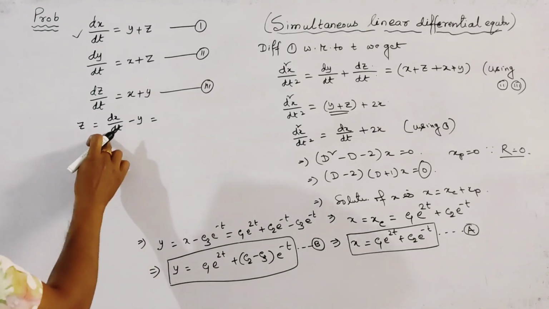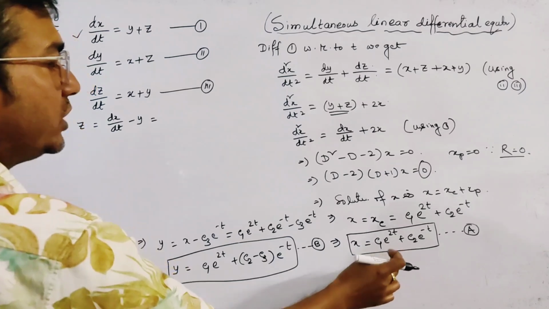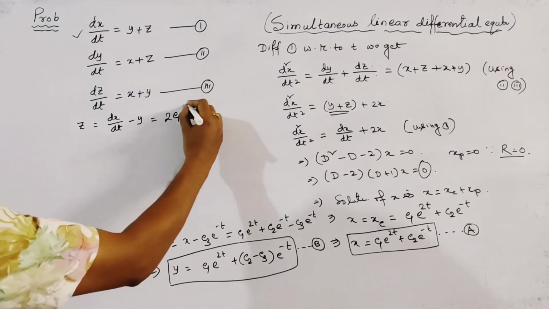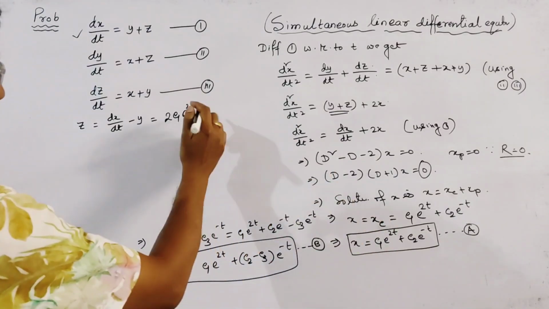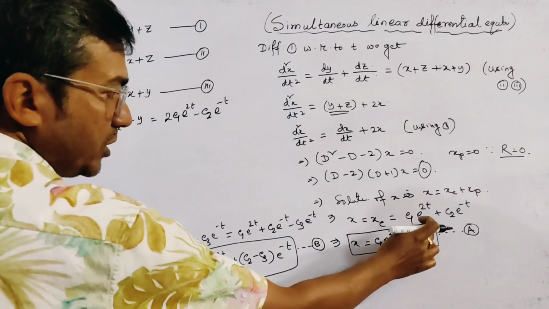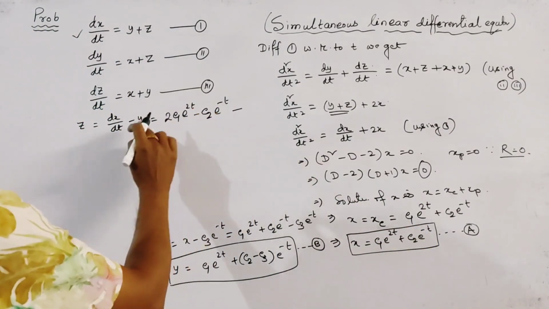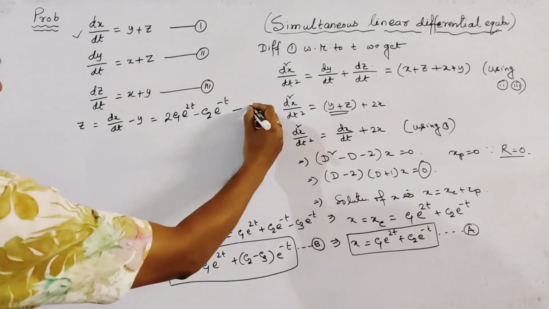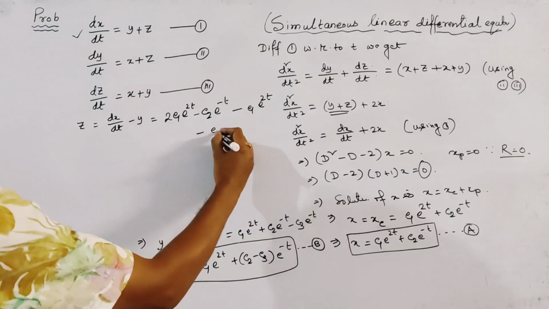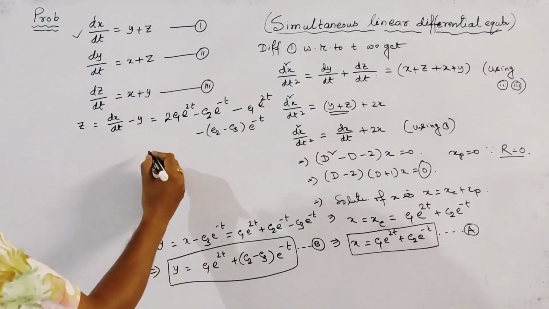Now we put the value of dx/dt from x: the differentiation of x is 2 c1 e^(2t) minus c2 e^(-t), because the derivative of e^(-t) is minus e^(-t). Then minus y gives minus c1 e^(2t) minus (c2 minus c3) e^(-t).